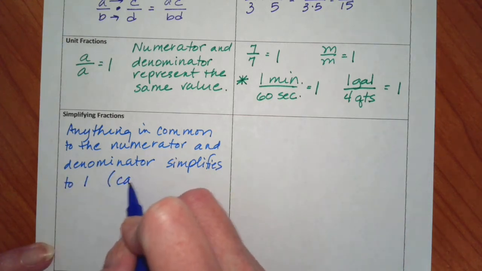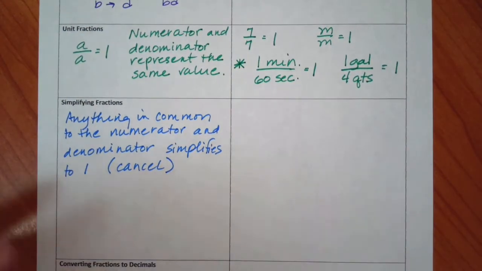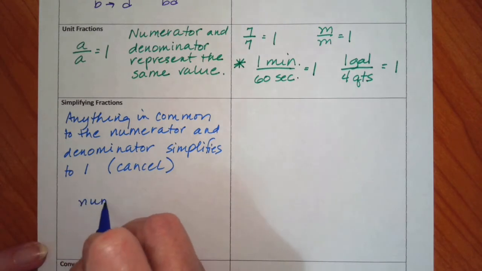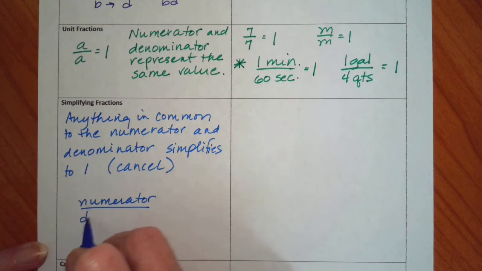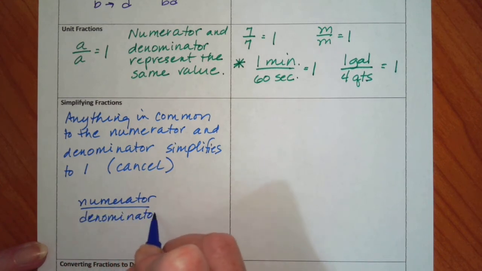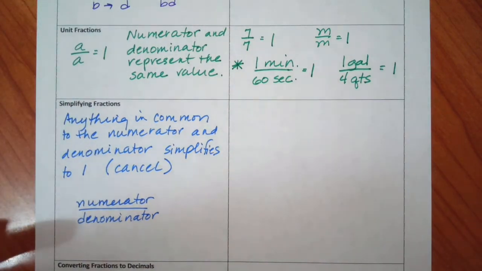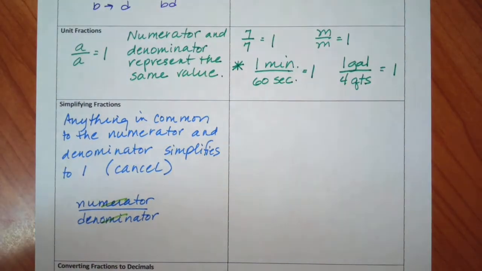So in essence, the verbiage that you were probably taught when you were doing math is that they cancel. So if you have some numerator over some denominator, and they are equivalent, if they are the same thing, then you can cancel them out. They simplify to 1.